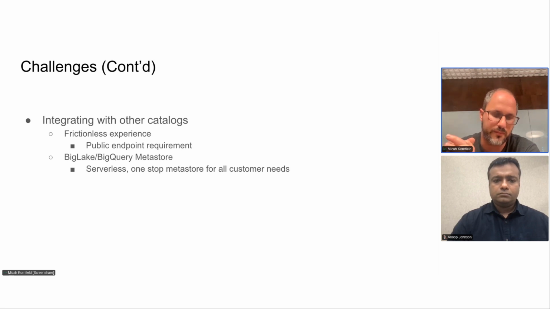The options kind of devolve into having customers set up some sort of proxy, because most customers are hosting their metastores in some sort of virtual private network. The preferred thing is having multi-tenant catalogs that we can connect to, so that it's a frictionless experience and customers can just provide credentials for that.